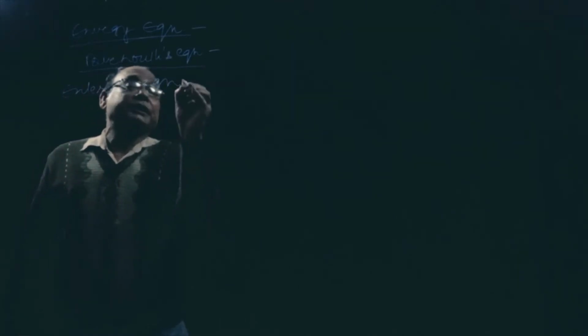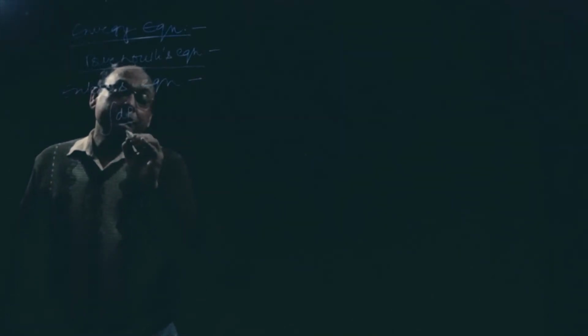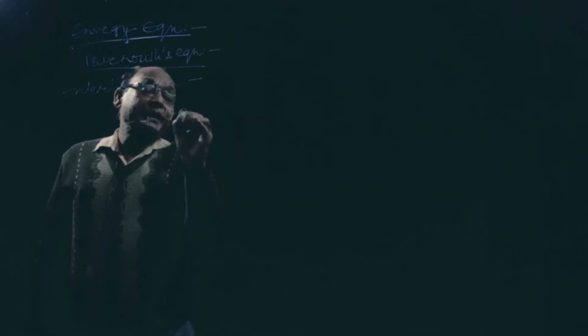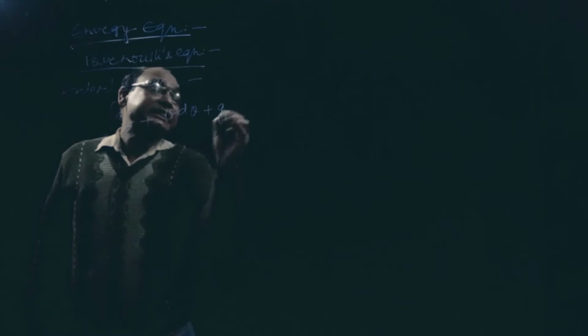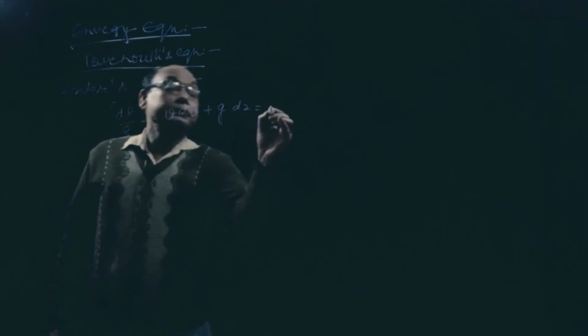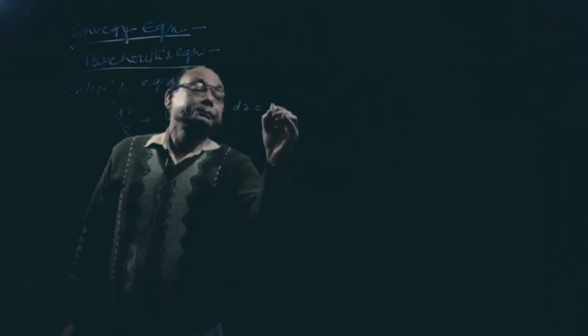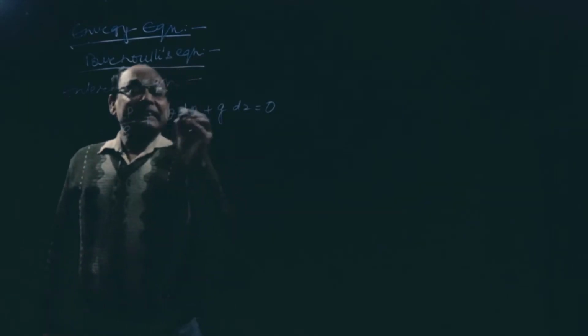The Euler equation, that is the integration of dp by rho plus v into dv plus g into dz is equal to 0, and the integration of this one also.